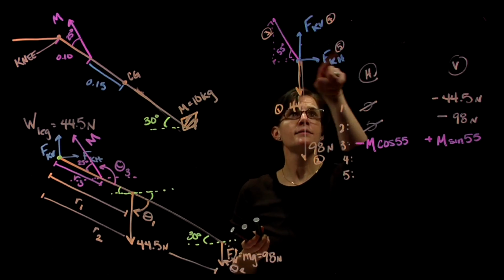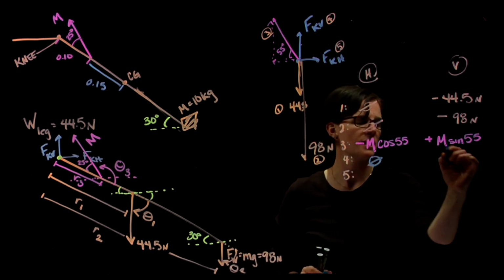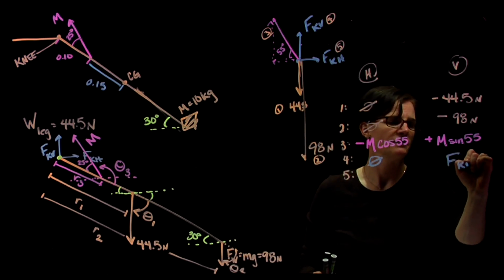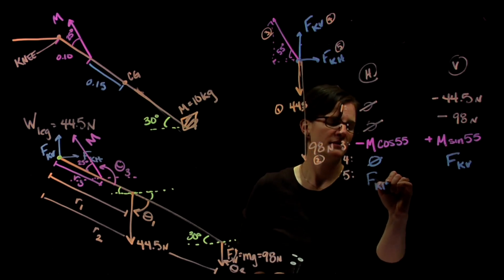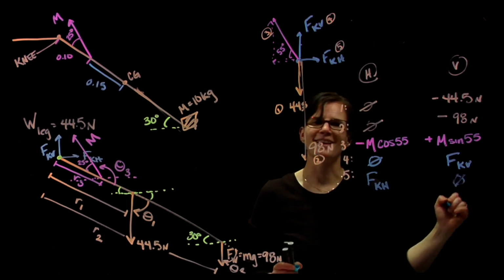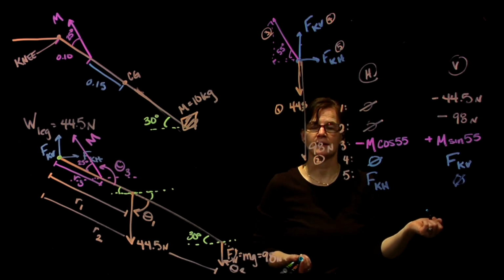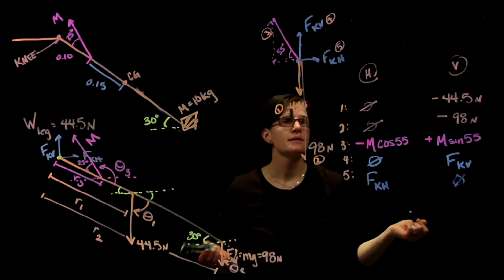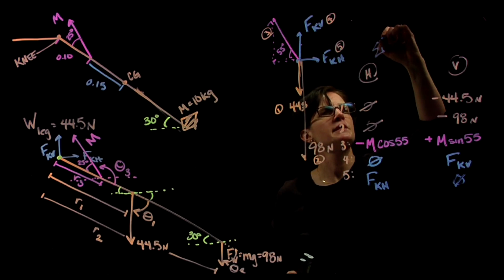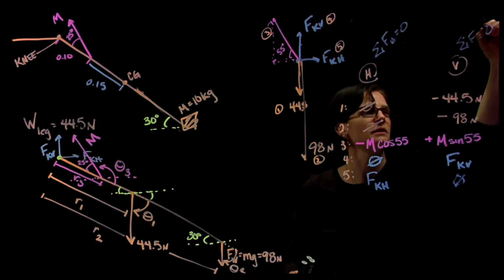Force number 4 is my vertical force, so it's nothing horizontal, force of the knee vertical. And force number 5 is my horizontal force, nothing vertically. So those are our forces acting. And again, if I drew them in the wrong direction, it's going to tell me. The sum of the forces horizontal is going to equal 0, and the sum of the forces vertical have to equal 0.